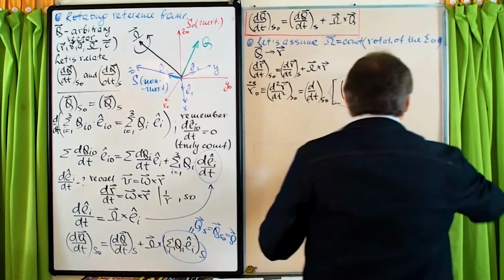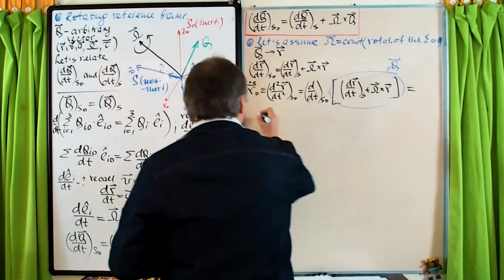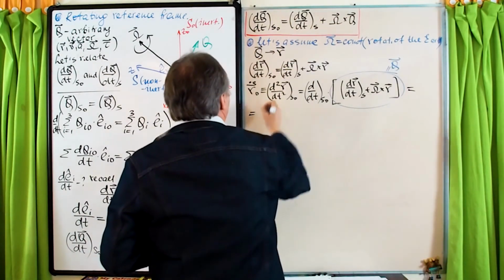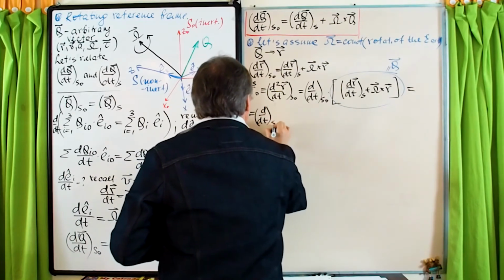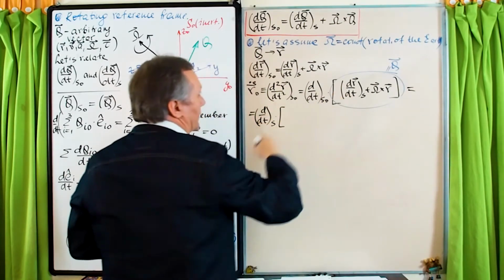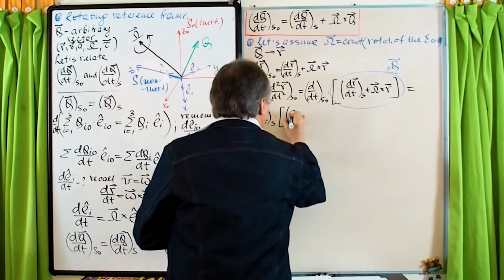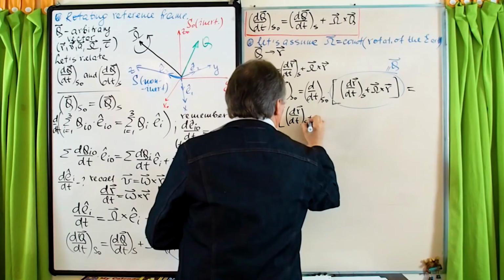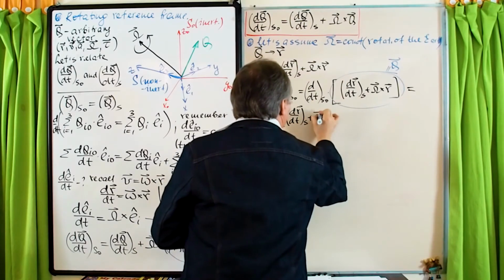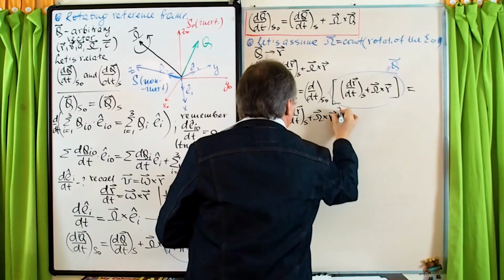Okay. So this term is d over dt in S out of that vector: dr over dt in S plus omega cross r.